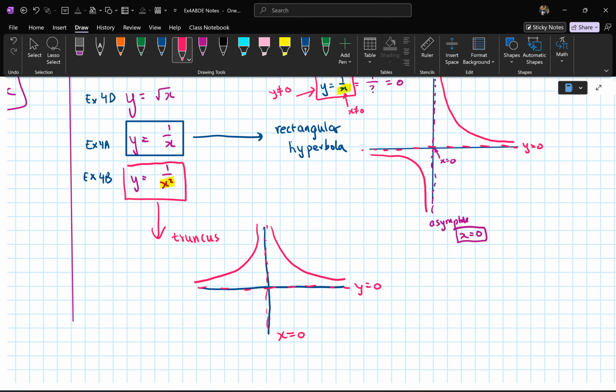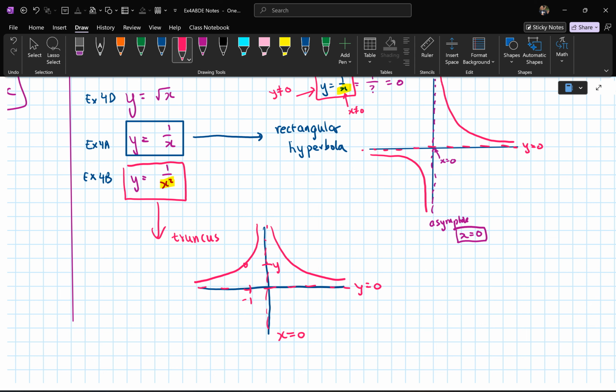That's why it kind of looks like a tree trunk. So you can think of it as a truncus, a tree trunk, and the reason why is because when x is negative, whether you have negative 1 and you put negative 1 into the function, the y will always equal a positive value. That's why that y value corresponds to a positive point. Okay, and that's why the graph looks symmetrical.